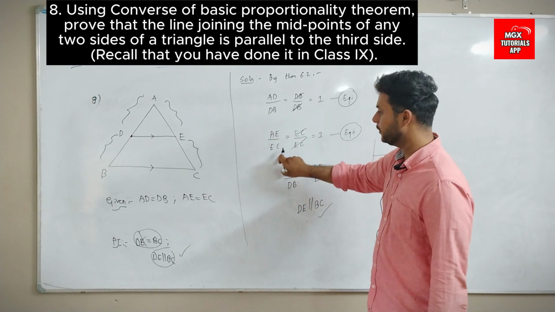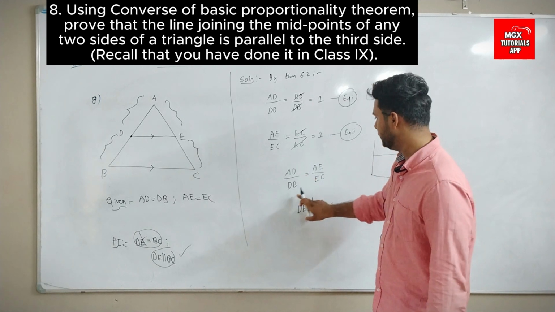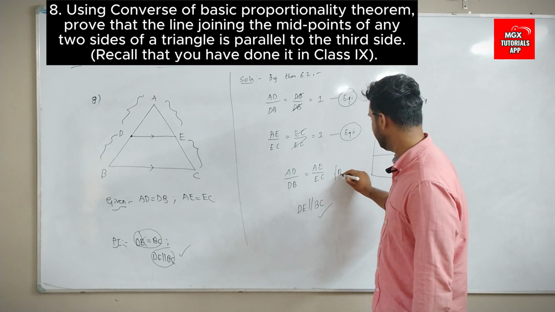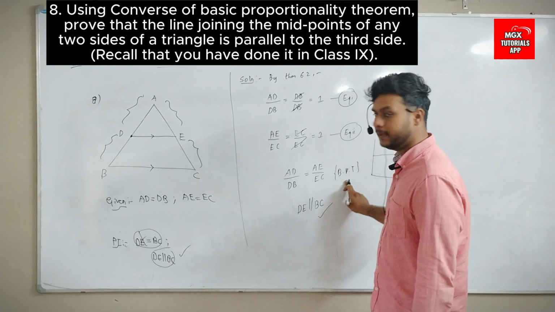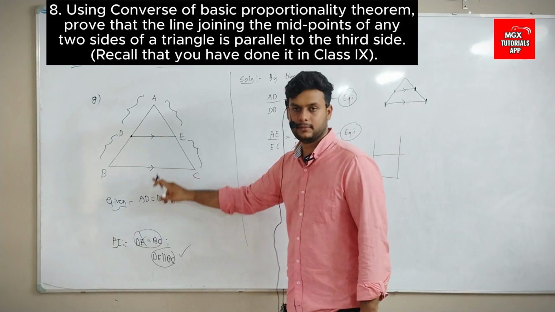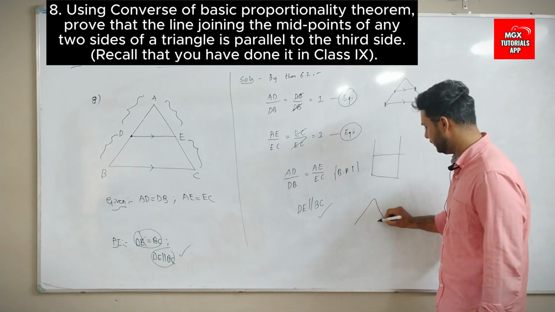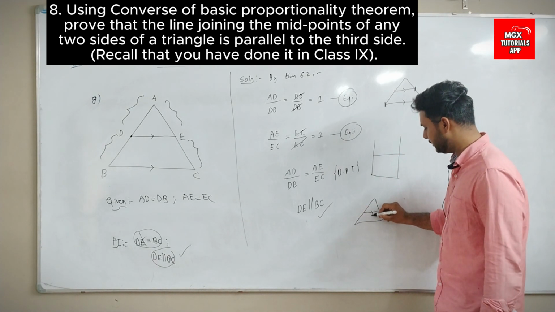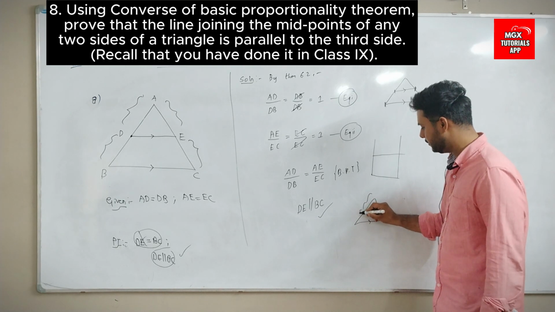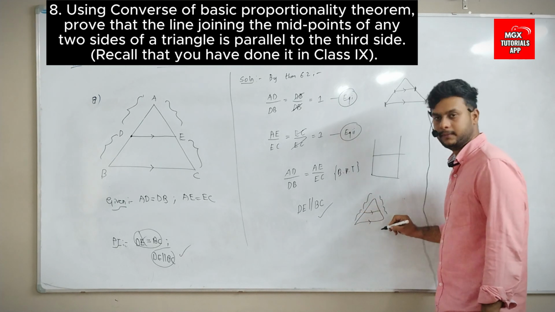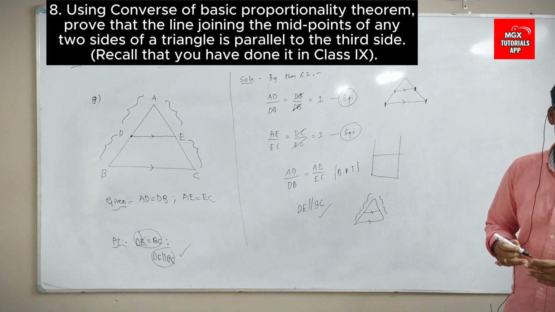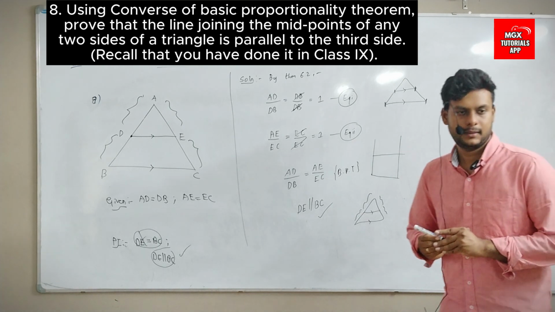So is this equation equal to this equation? If this is happening by BPT, if BPT is happening, then definitely this will be parallel to this. We know that by BPT. If I take one triangle and this is parallel to this, then only this will be equal to this. Any doubts? Take.